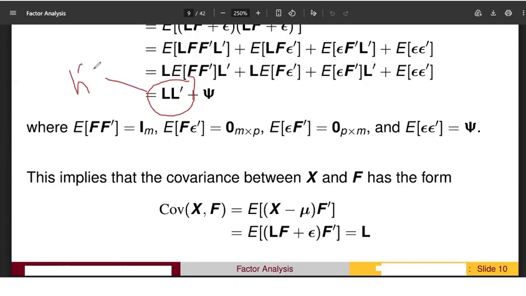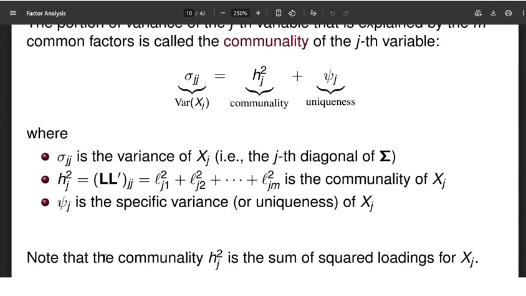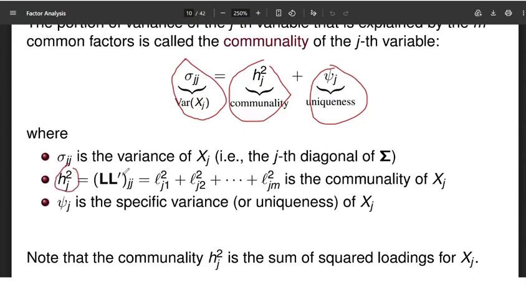If I use a transpose of a matrix to multiply a matrix, I'm going to get something squared, a sum of squares. Does that make sense? Which we call commonality. So this is the commonality, this is the uniqueness, this is the total variation, and this is what we call the sum of square loadings, and this guy is the specific variance. So take a look at that.